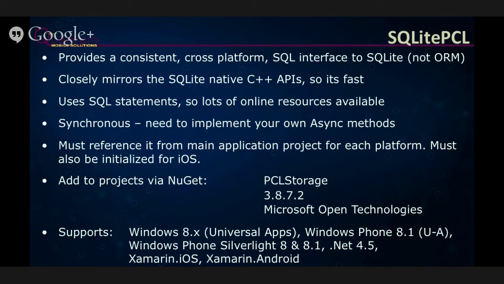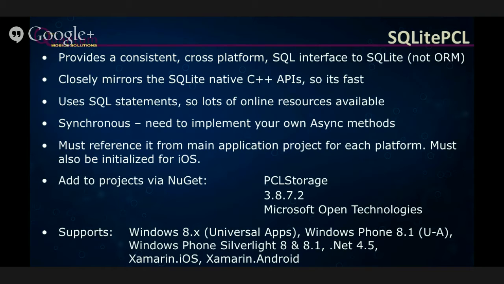So what SQLite PCL does is provide a consistent cross-platform SQL interface into SQLite. It's not an ORM. SQLite.net is an ORM, so it basically uses objects to map things in and out. You don't have to write any SQL. With SQLite PCL, you write SQL statements, which I love because it means it's easy to debug, and it has the huge advantage that there's a lot of information out there on Google, on the internet, on Stack Overflow about how to do things using SQL.